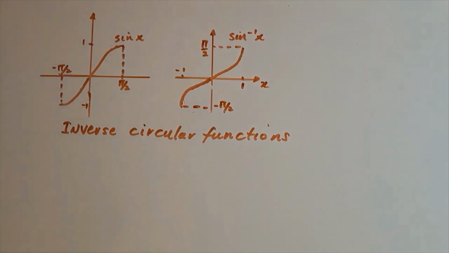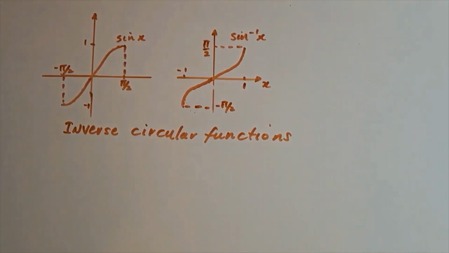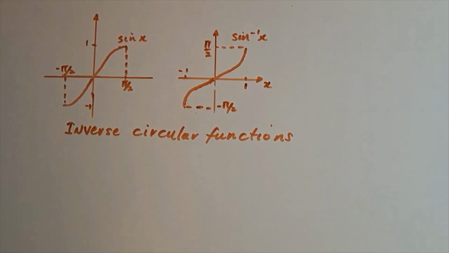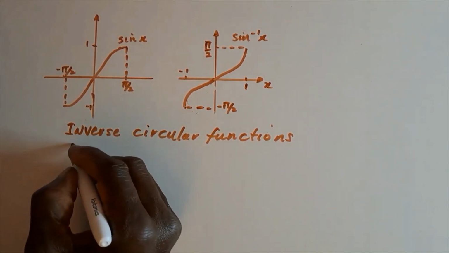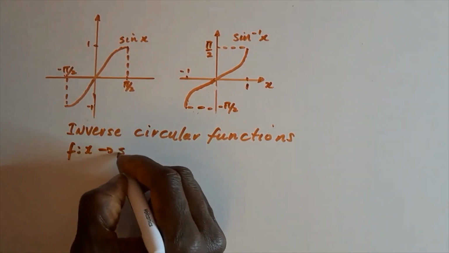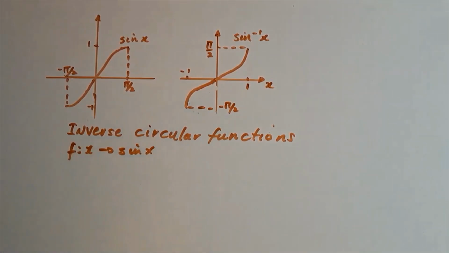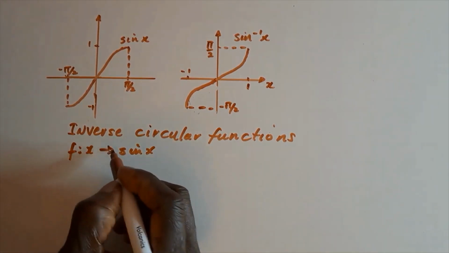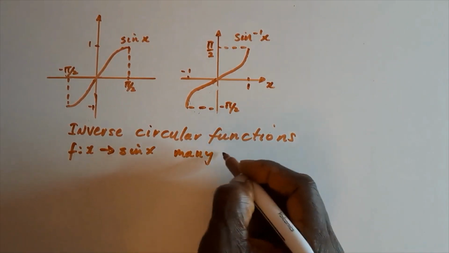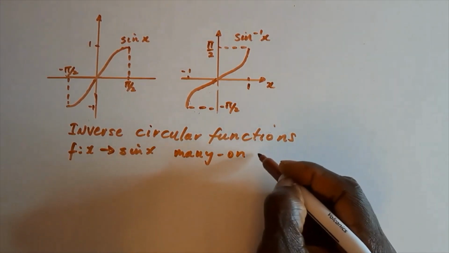Hi, today's videos are about inverse circular functions, and we'll start with sine x. So we have the function x mapped to sine x. But if we were to map x to sine x, that will be a many-one mapping.